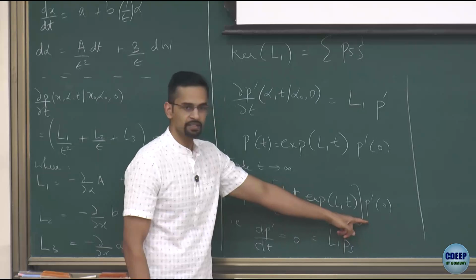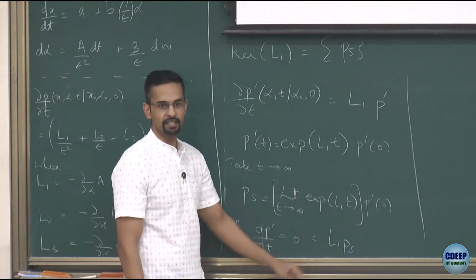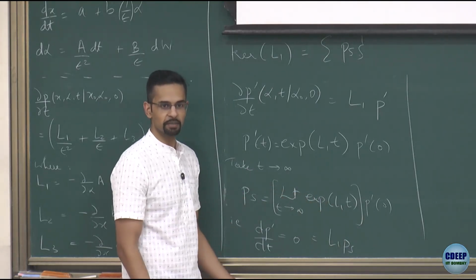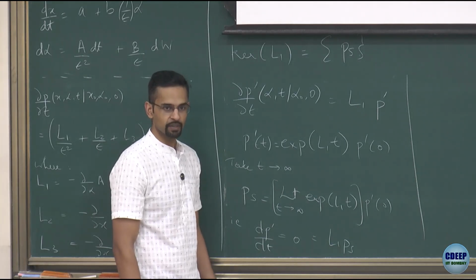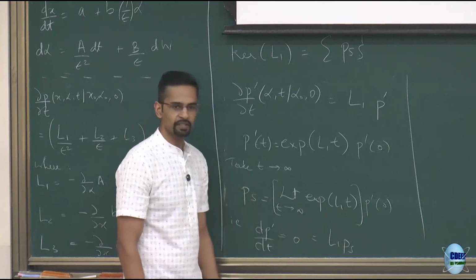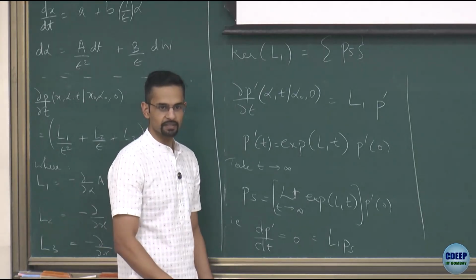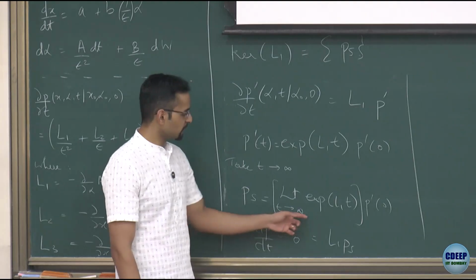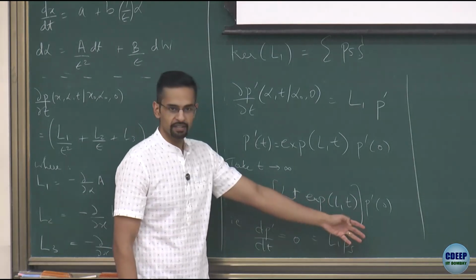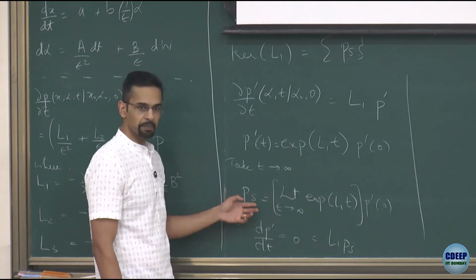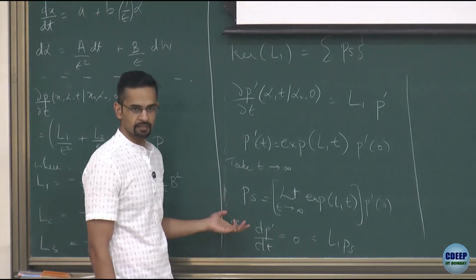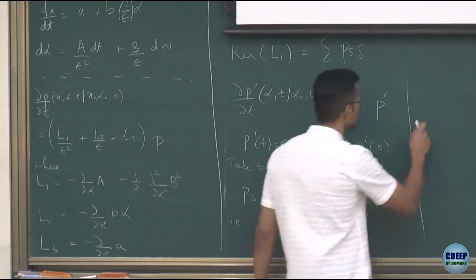Provided that function, the only requirement on this initial condition, since it's supposed to be a PDF, is that its integral must be 1. Okay? But so what? If I take some other function whose integral is not 1, I can always normalize it by some factor. So it means if I apply this on any function, I will get PS times some factor. Okay? So that's nice, we'll use it later.